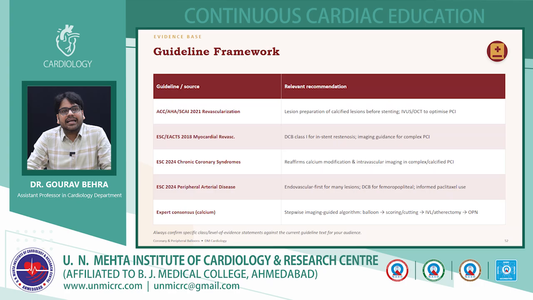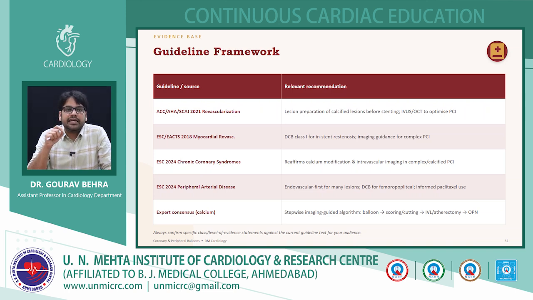So these are the various guidelines which say lesion preparation of calcified lesions before stenting, and use IVUS or OCT for optimized PCI. The European guidelines show DCB class 1 for ISR, and there should be imaging guidance for complex PCI. European 2024 reaffirms calcium modification and intravascular imaging in complex calcified PCI.